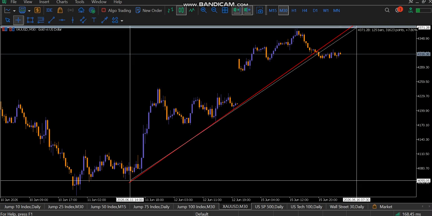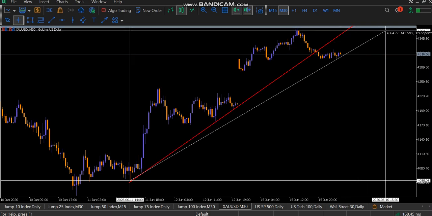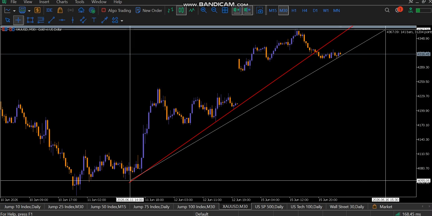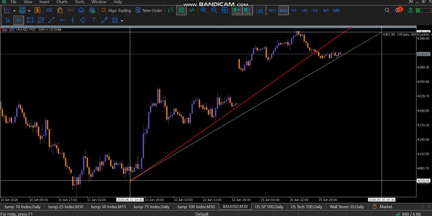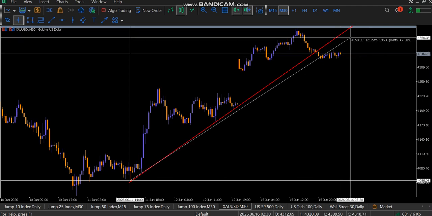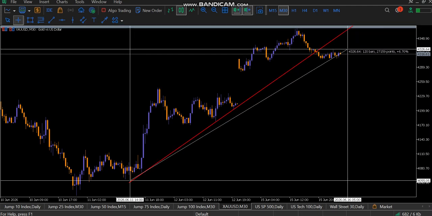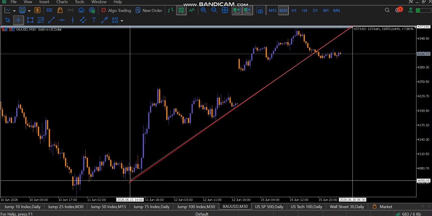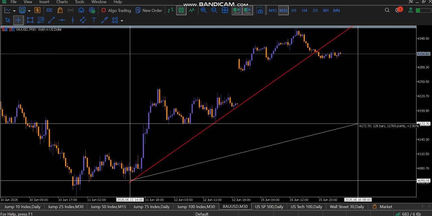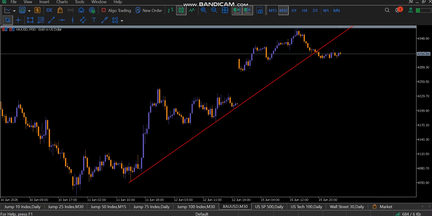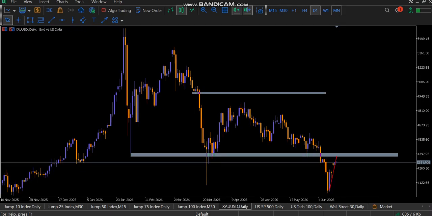If it is invalid, then probably there's going to be another trend line I'm going to draw around here. However, if that does not happen, then I'm going to be looking at the price coming back here, giving me a candlestick confirmation. Then I sell to the downside here. So that's basically what I have for you guys on gold.